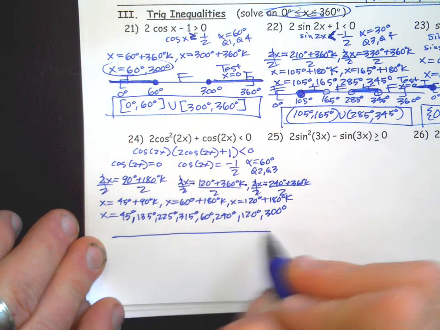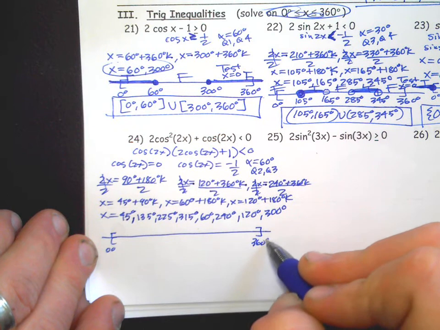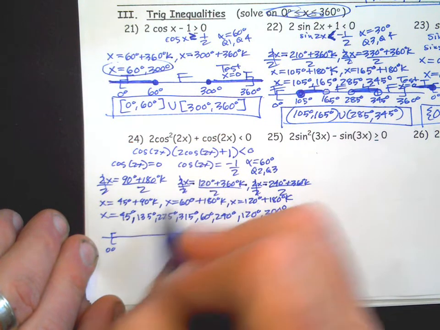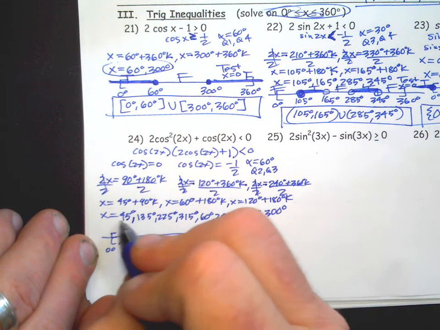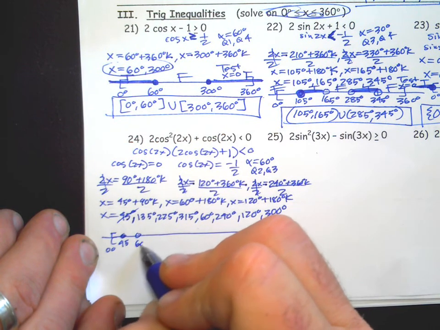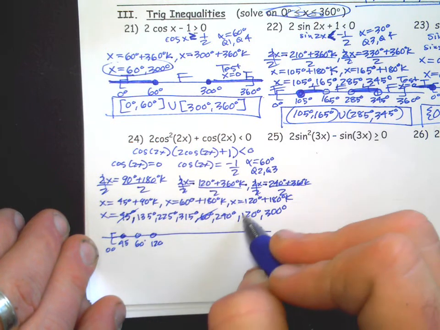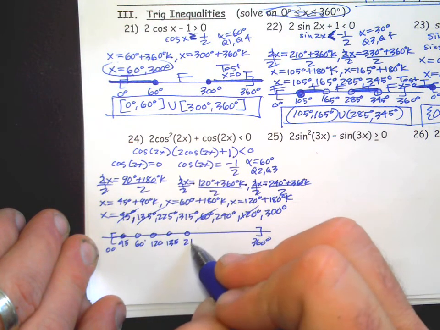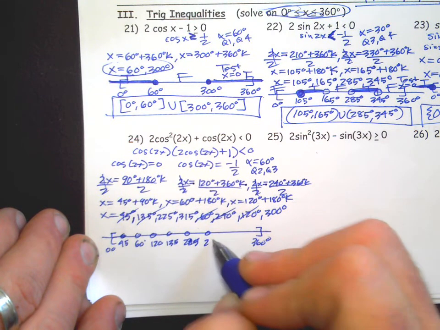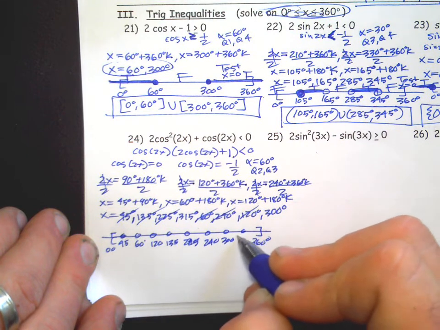So number line, boundaries at 0 to 360. So open dots. These are going to be open dots, 45. Now, I'm not going to put the degrees on my number line. It's getting too crowded. 60, 120, 135, 225, and then 240, and then 300, and then 315.